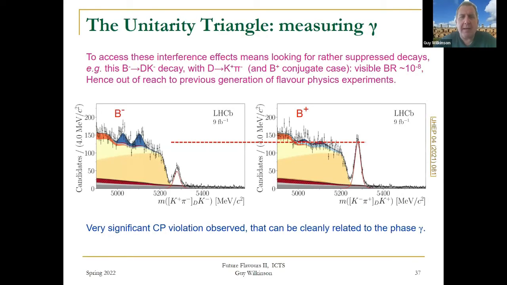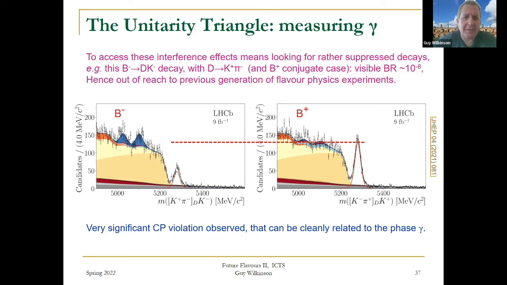So we need to reconstruct this D in a way which is common to both D0 and D0 bar. And once you start to work out what the visible branching ratio of the process is, you're getting down to some quite suppressed decays.